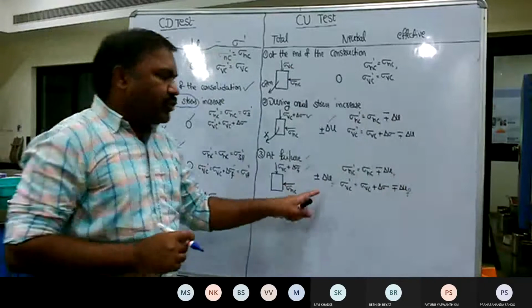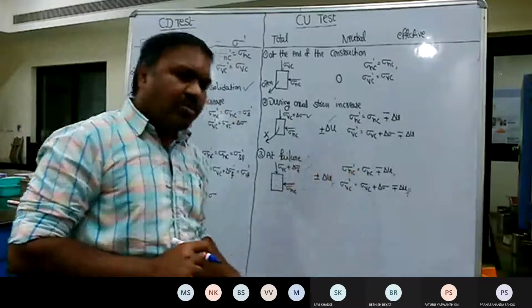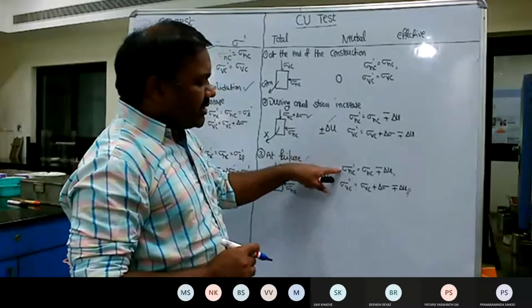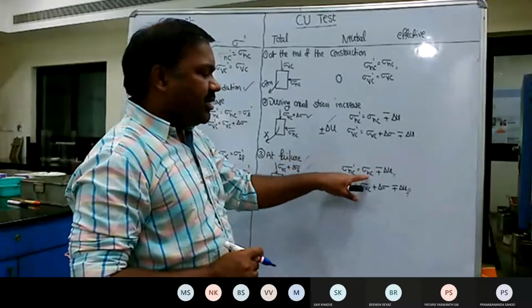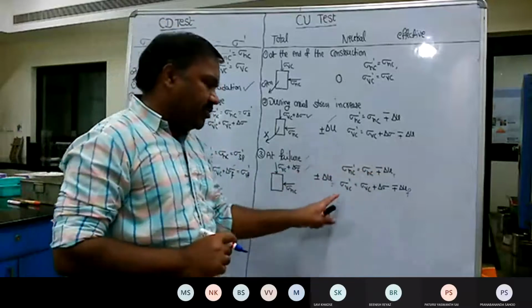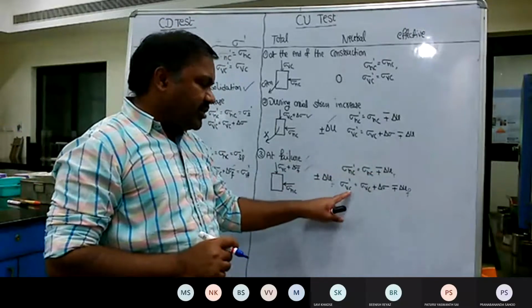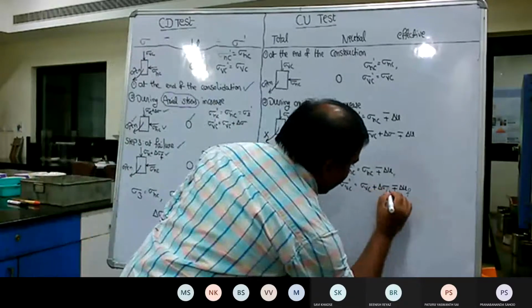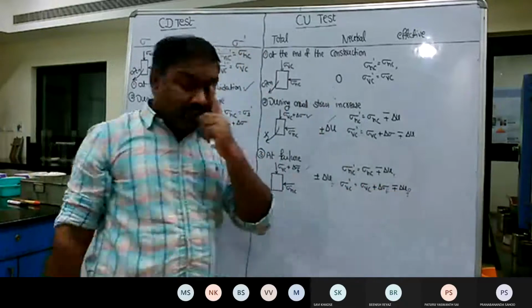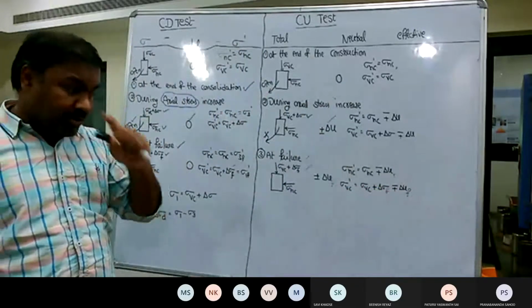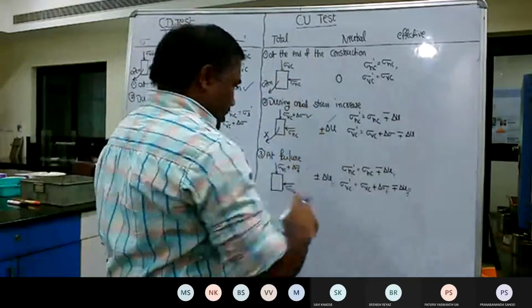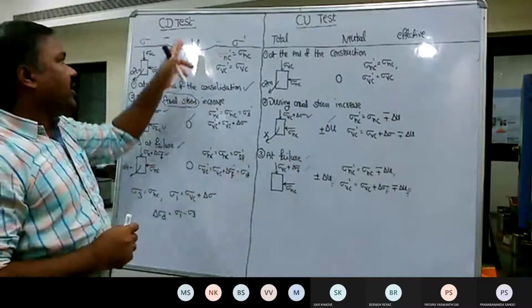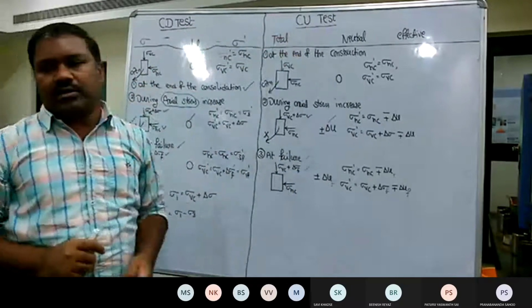Now if you want to write the stresses in effective stress form, in the lateral direction, sigma dash HC is equal to sigma HC plus or minus delta UF. Similarly, sigma dash VC is equal to sigma VC plus the applied axial stress plus or minus the final pore water pressure. So this is how the total and effective stresses will develop when you conduct the CD test or the CU test.